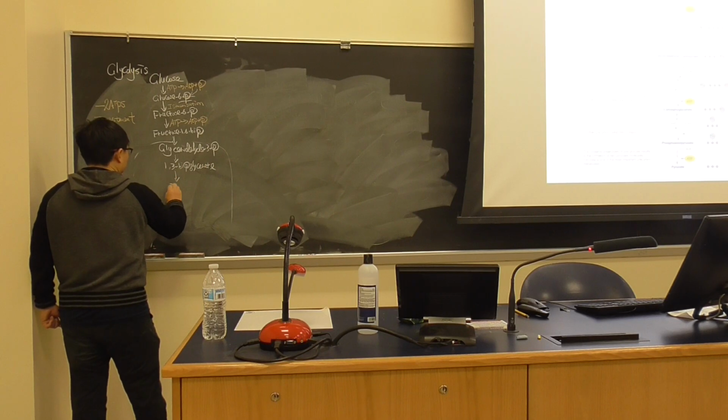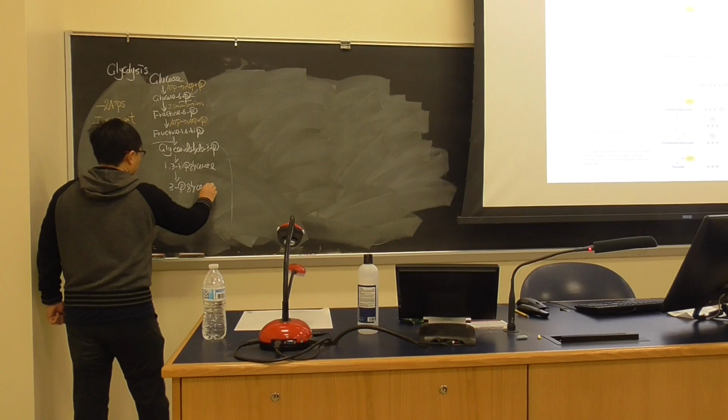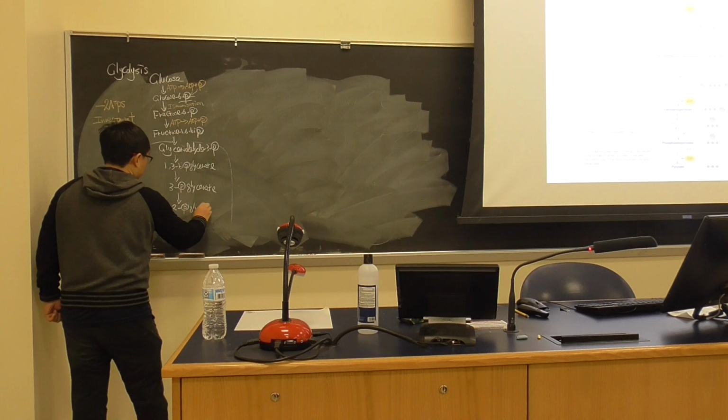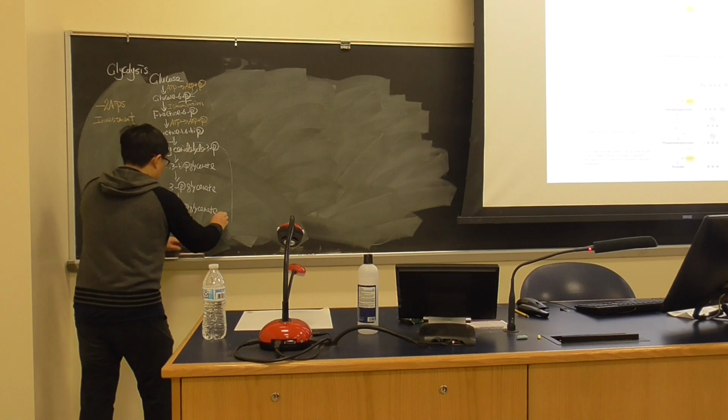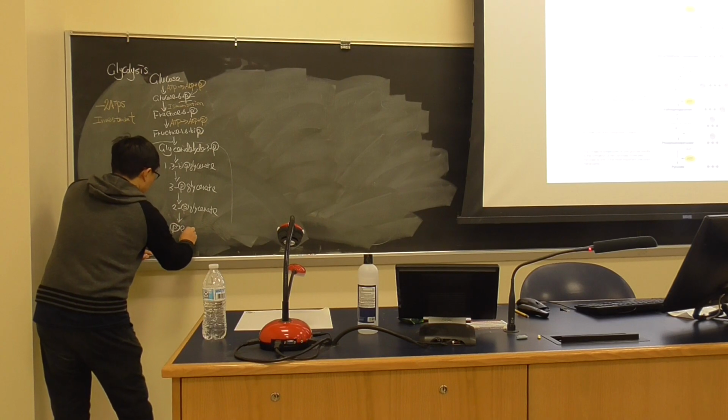Then become 3-phosphoglycerate. Then become 2-phosphoglycerate. And then become phosphoenolpyruvate.